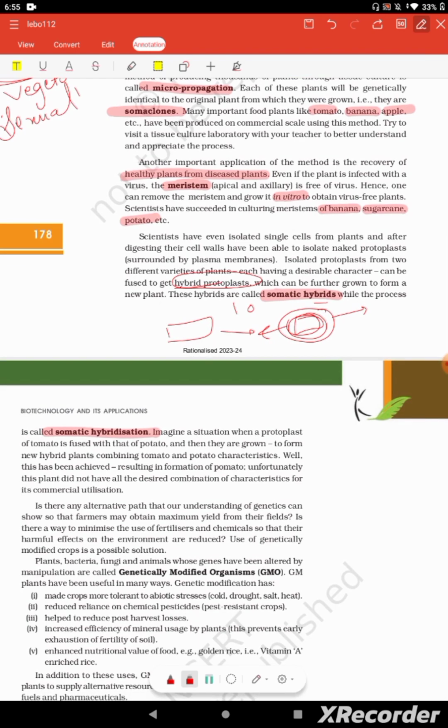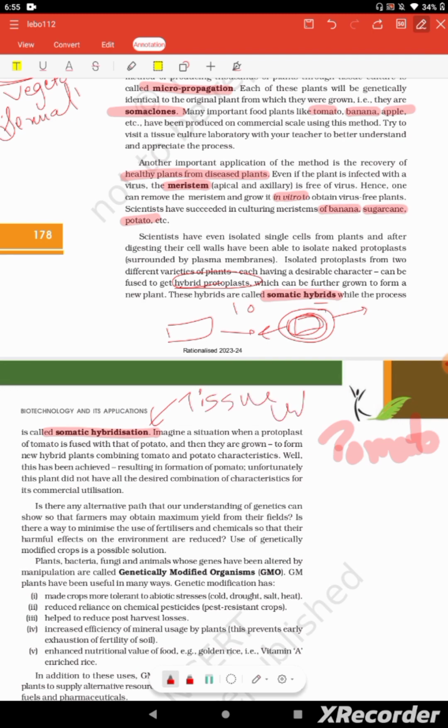So imagine a situation when a protoplast of tomato is fused with that of potato to make a pomato, a type of plant which produces tomato and potato on the same plant. So that has also been done with the help of this process, somatic hybridization, and it is also a technology inside tissue culture only.